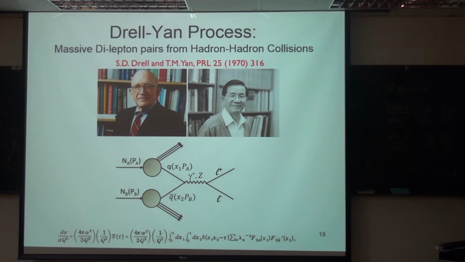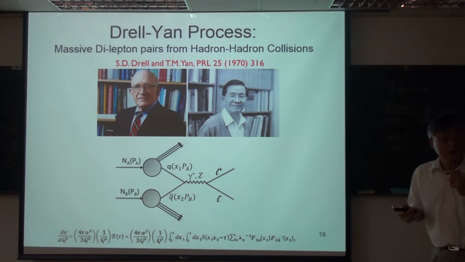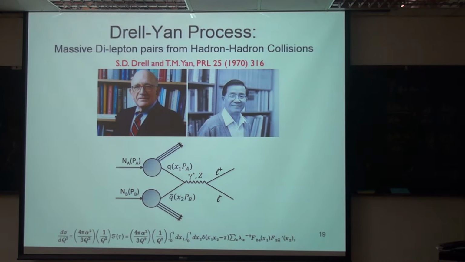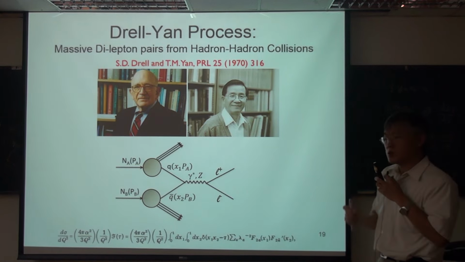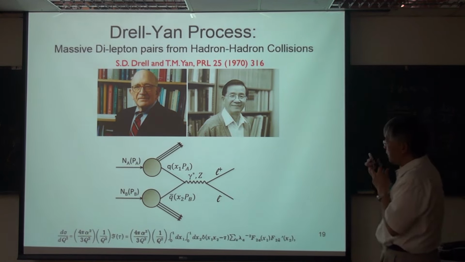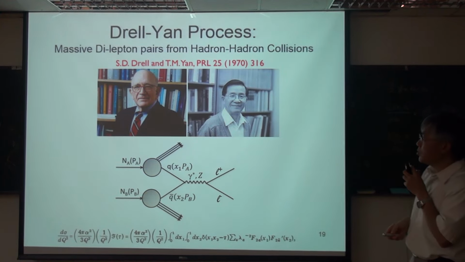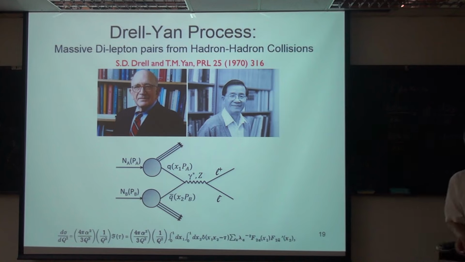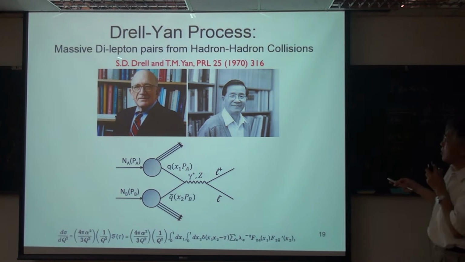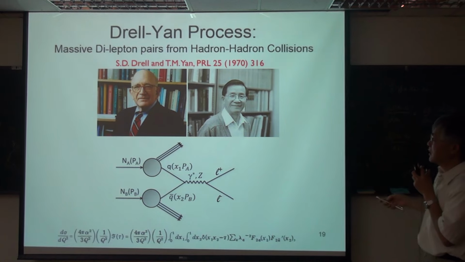Previously I introduced that to find out the quark structure, you use a high energy lepton to scatter off the structure. Another process which is also commonly used in high energy physics is the so-called Drell-Yan process.